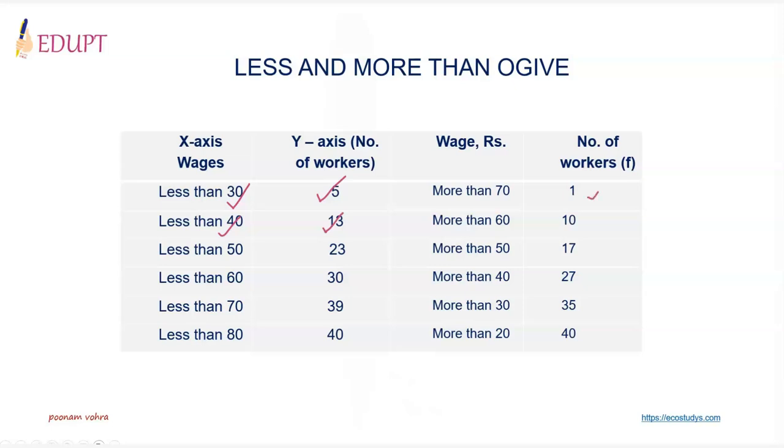Similarly, there is just 1 worker who gets wages more than 70. There are 10 workers who get wages more than 60 and so on. So we need to plot these points simultaneously on a graph to easily locate median.